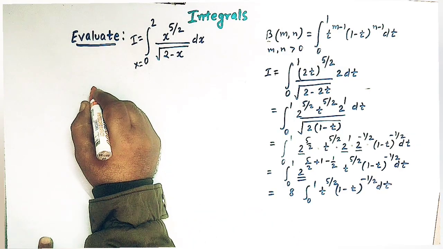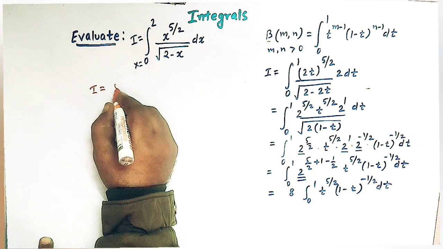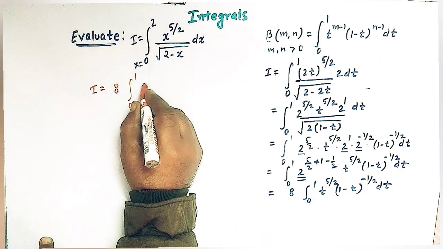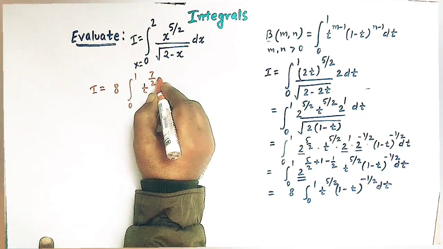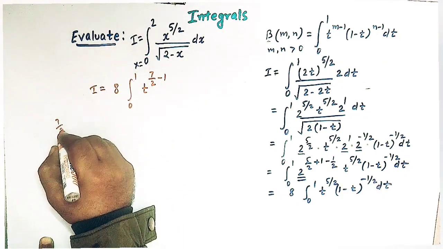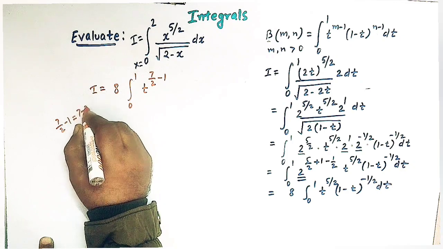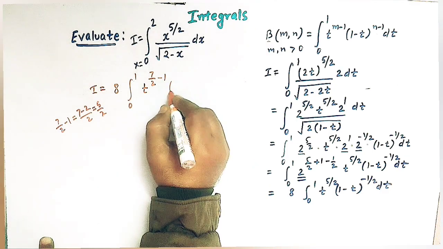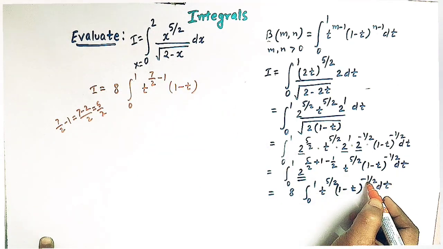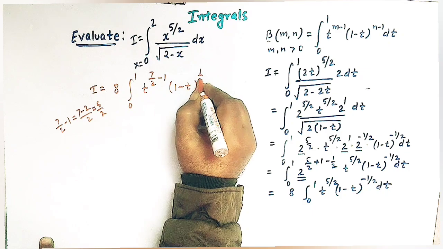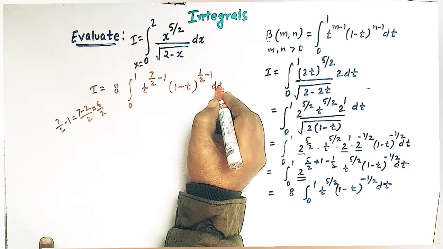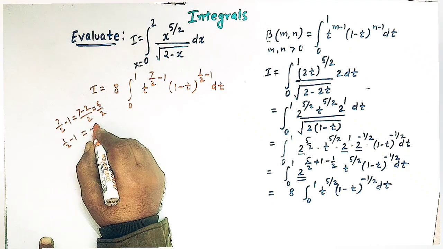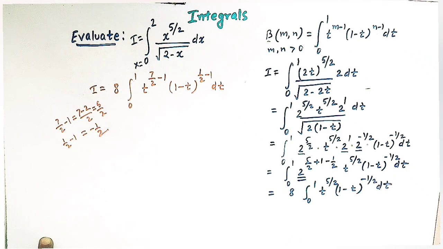So now let us write I is equal to 8 times the integral 0 to 1, and t raised to 5 over 2 can be written as 7 over 2 minus 1, because 7 over 2 minus 1 is equal to 7 minus 2 over 2, that is 5 over 2. And here we have (1 minus t) raised to minus half, and minus half can be written as half minus 1, and here we have dt, because half minus 1 is equal to minus half, right?